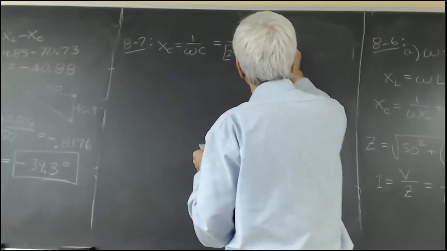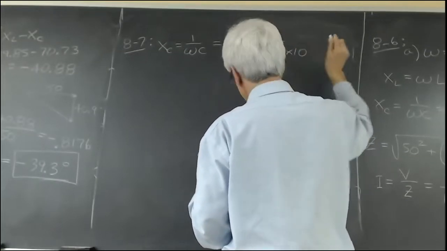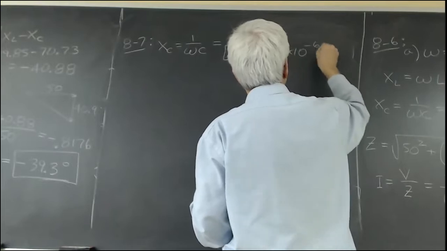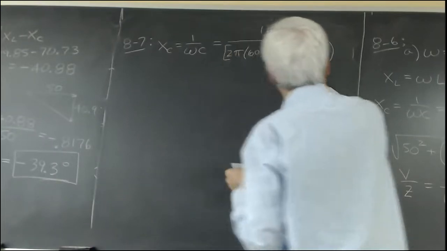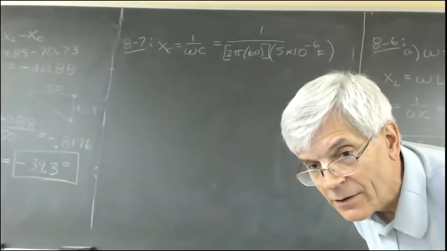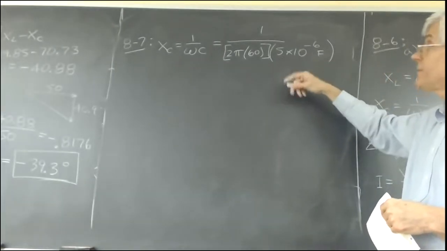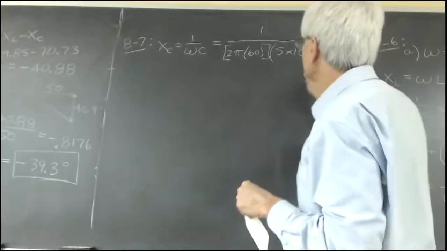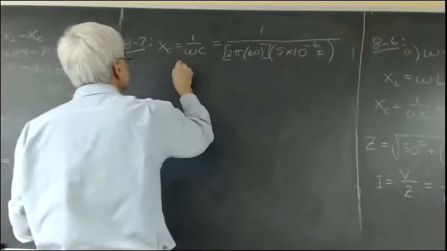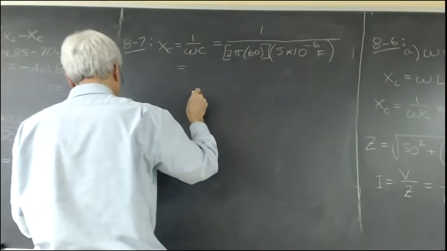C is 5 times 10 to the minus 6, 5 microfarads. 5 microfarads. That gives $530.